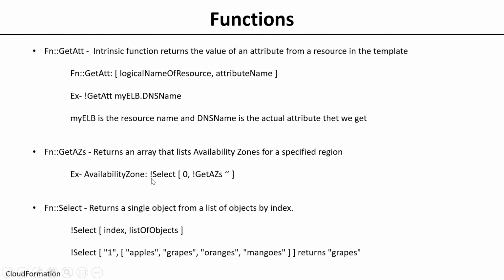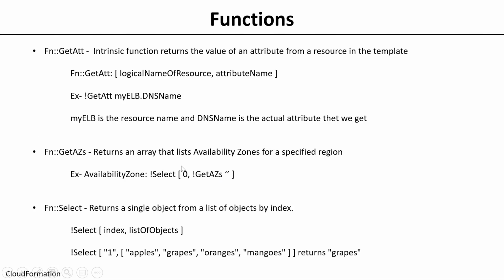There is a function called Select. Select will help you to choose a certain value, or a specific value, based on the number that you specify. So in this example, if I say exclamation mark Select, which is a function, 0th of GetAZs, and if you are in the Mumbai region, it will return 3, and out of that 0 is the first value, it will return 1A.